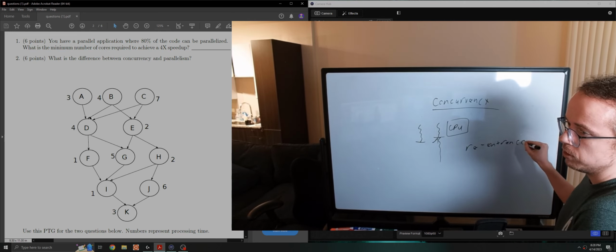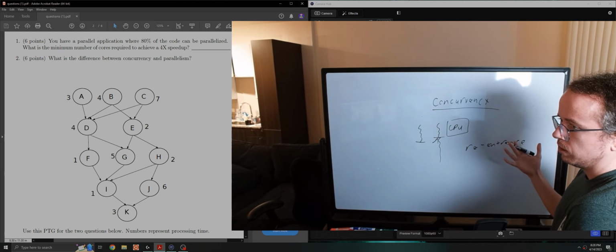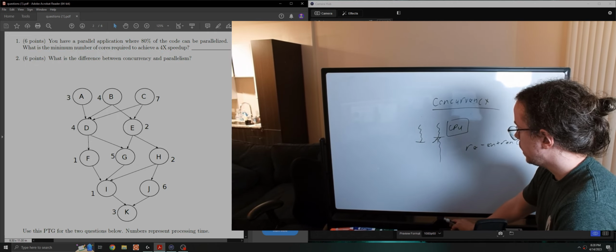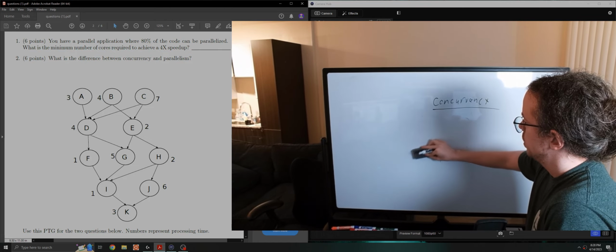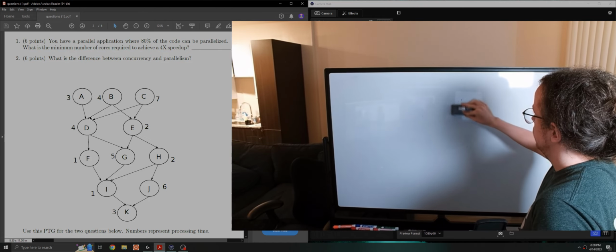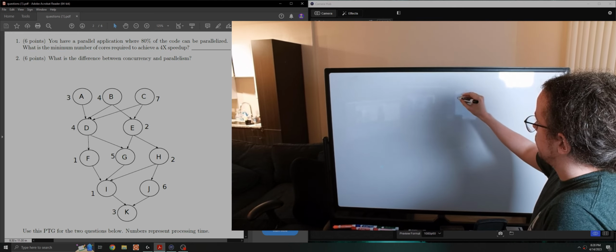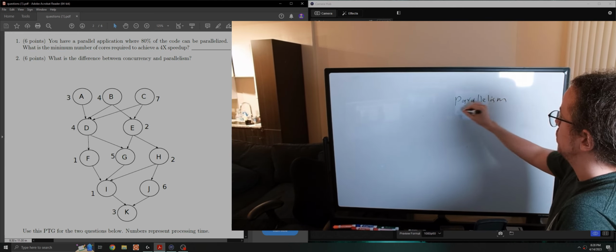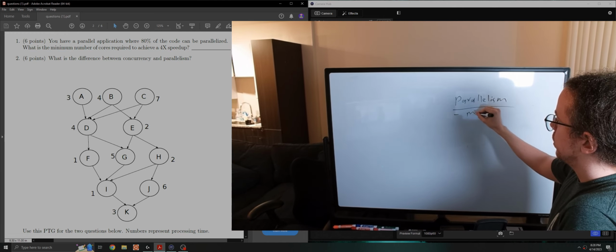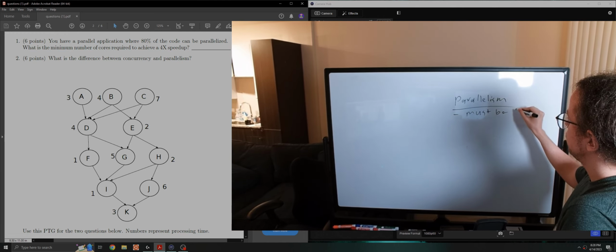You can stop what you're doing and you can pick it back up later. Now the biggest difference here with parallelism is that first off, to have parallelism, generally it must be concurrent.